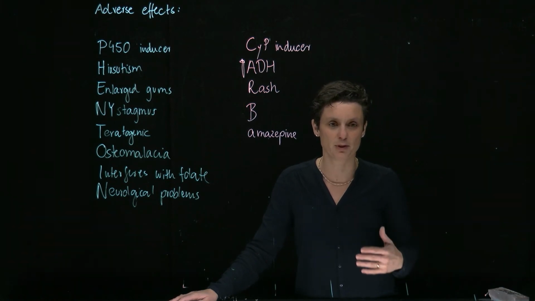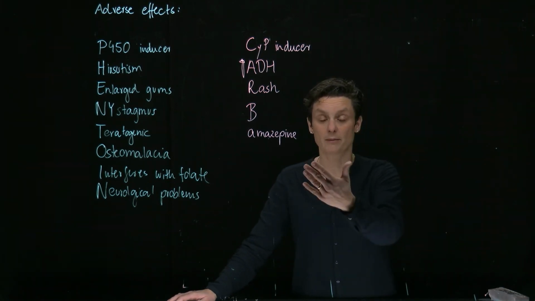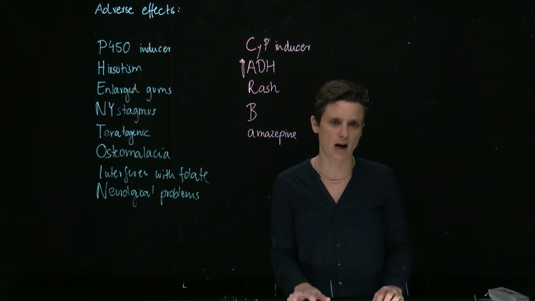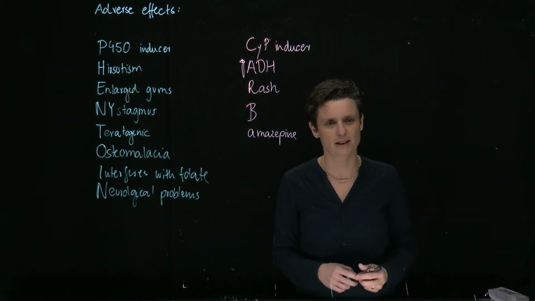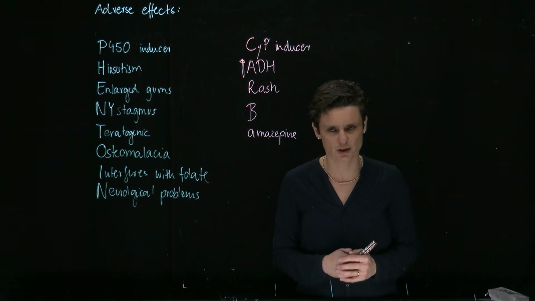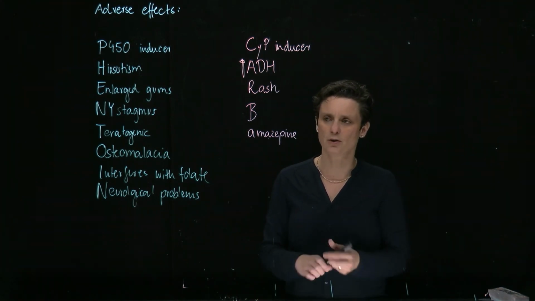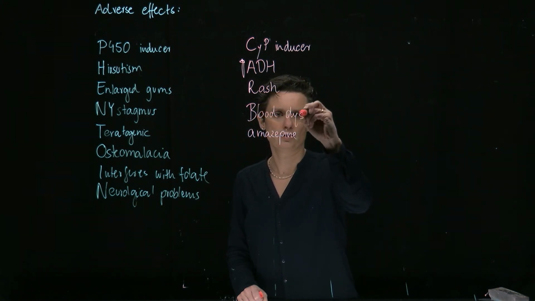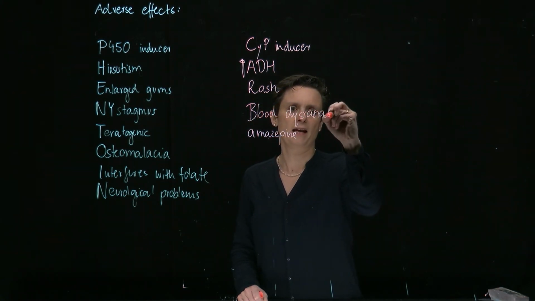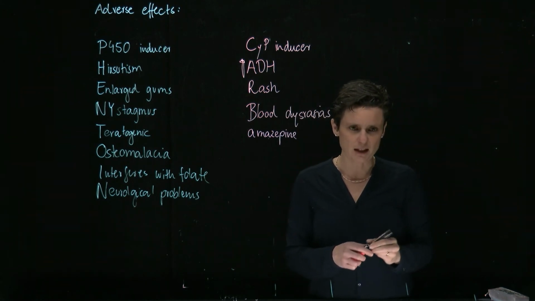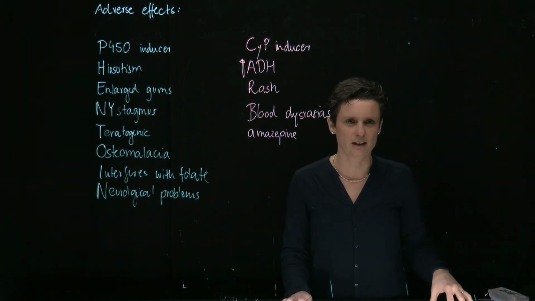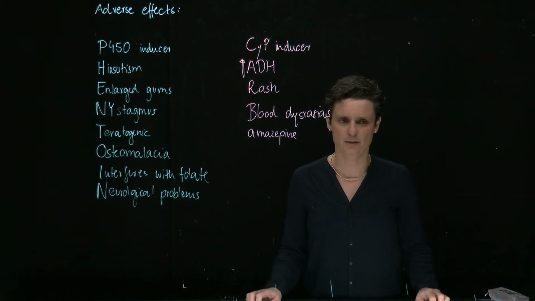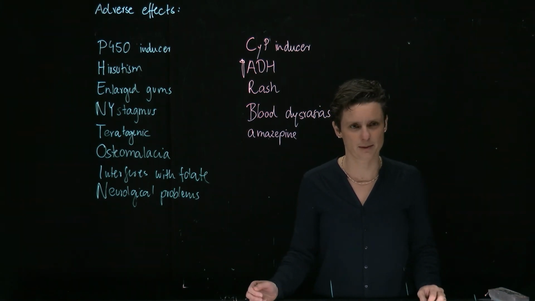So if you want to put an Asian patient on carbamazepine, you need to do genetic testing in order to prevent this rash, which is very dangerous because it can progress to Stevens-Johnson syndrome. And then it can also lead to blood dyscrasias, and that is really one of the drugs that can lead to an aplastic anemia, so it basically dissolves the bone marrow. So that's it for carbamazepine.